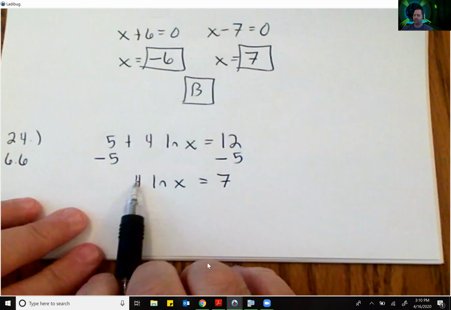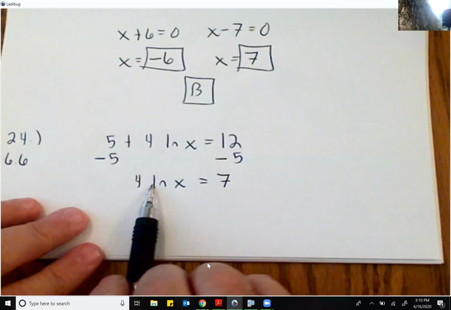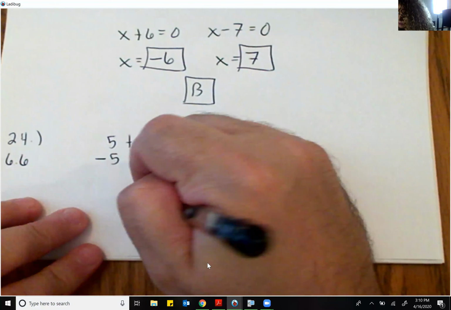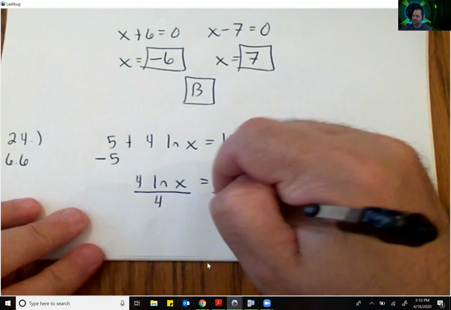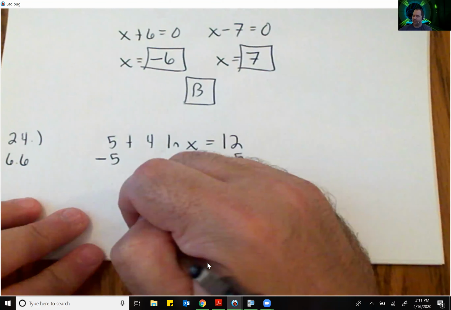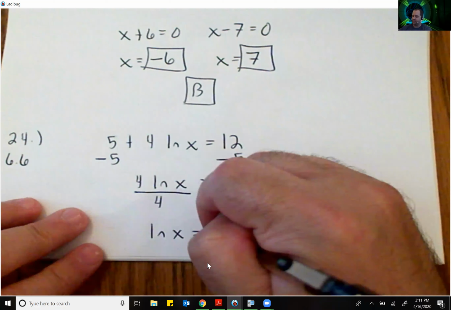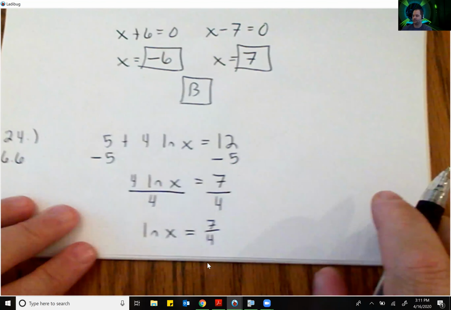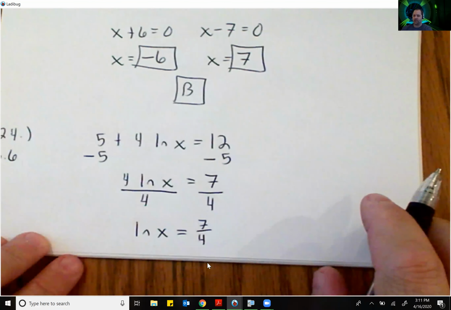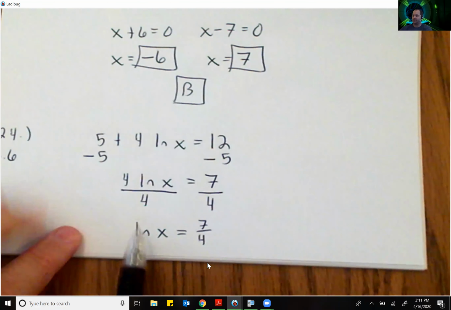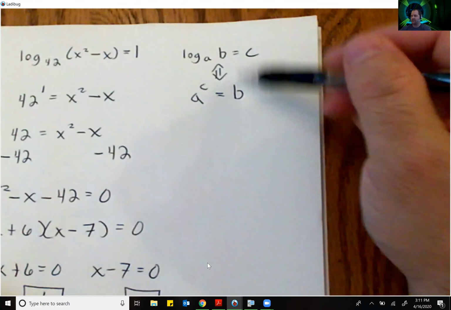How do I get rid of multiplication here? Division. Divide by 4. So ln of x is equal to 7/4.